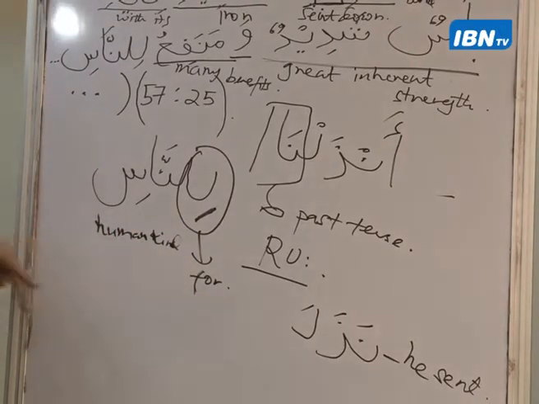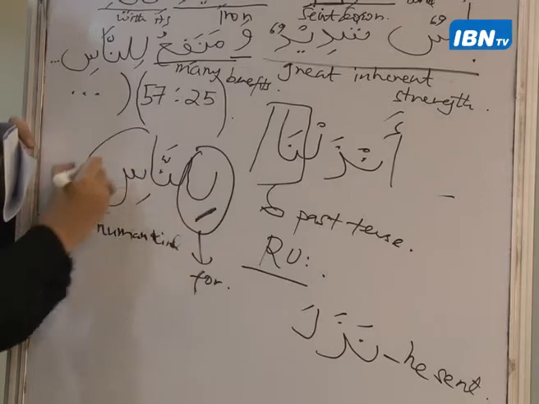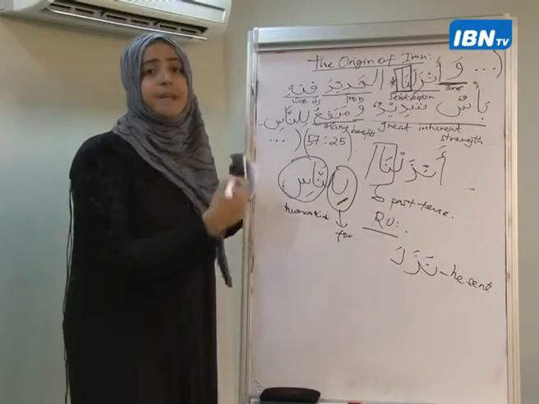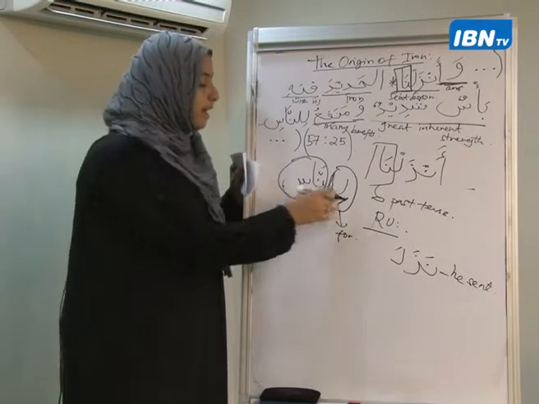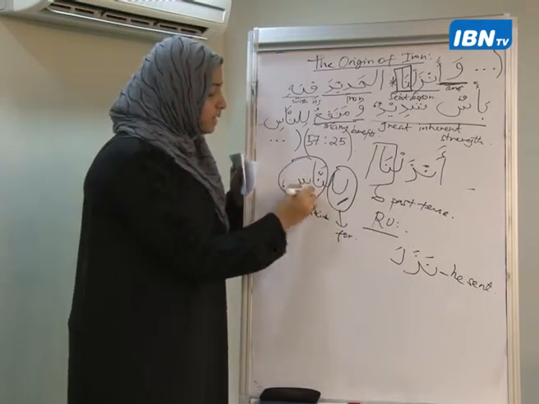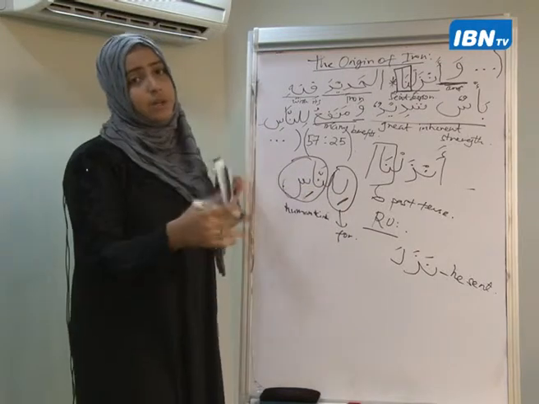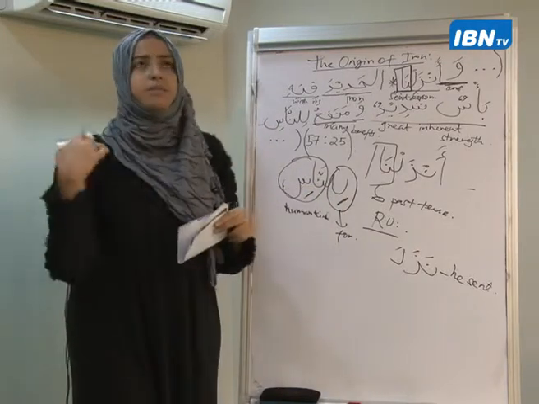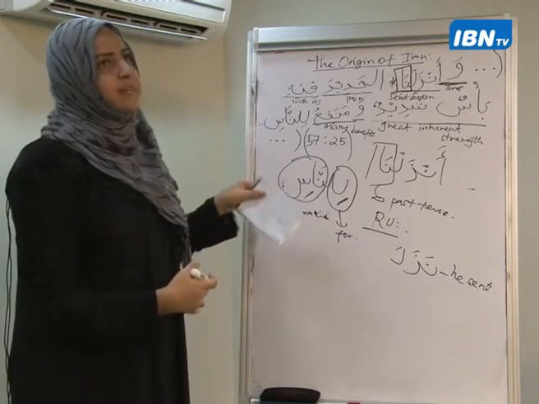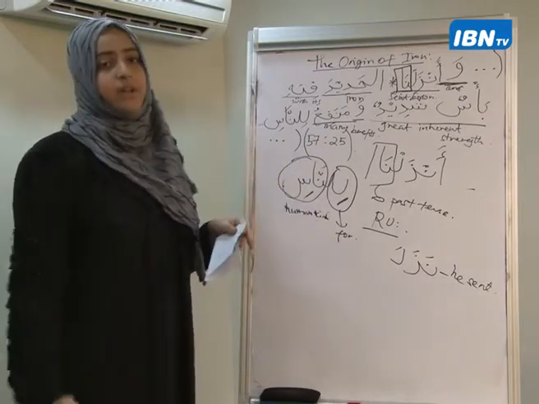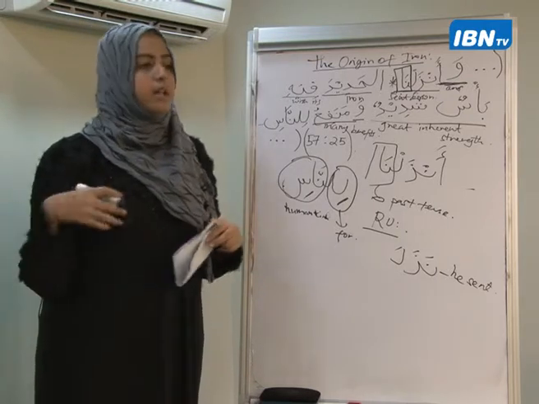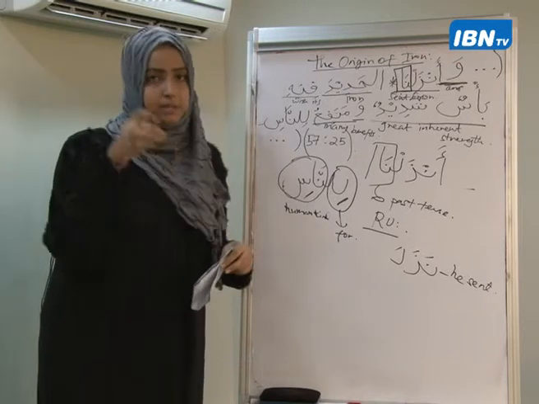So for mankind. Now because this nas here is the object, and because this object has been preceded by the letter lam, li, the object will carry a genitive. Like we looked at those cases where you will notice they carry a genitive sign, okay? For example, if any word is preceded by the letter ba, for example bi aliyin, it will be kasratain.